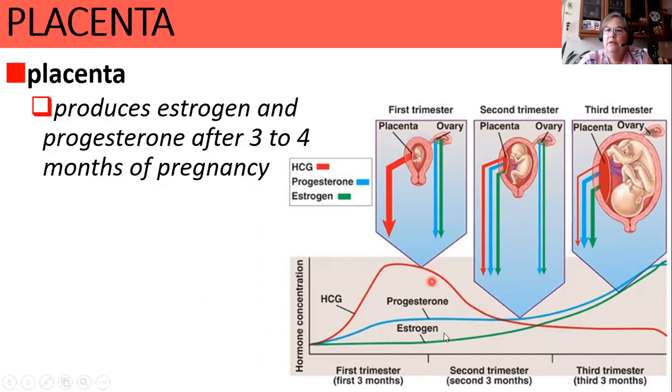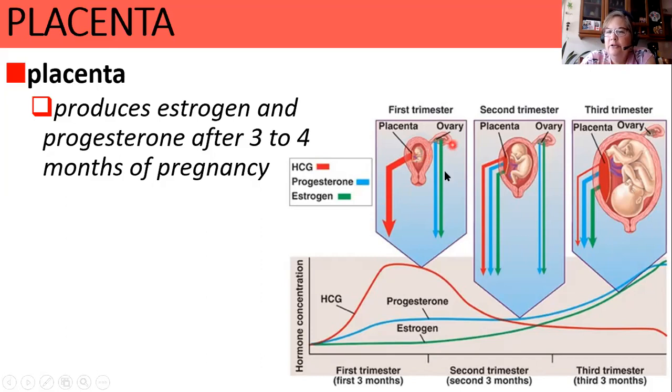So when we look at this chart, what we see is that first peak, of HCG. If I look at what's going on in the first trimester, which is the first third of the pregnancy, we see that HCG here is being produced by the blastocyst, so that's the chorion layer, right?